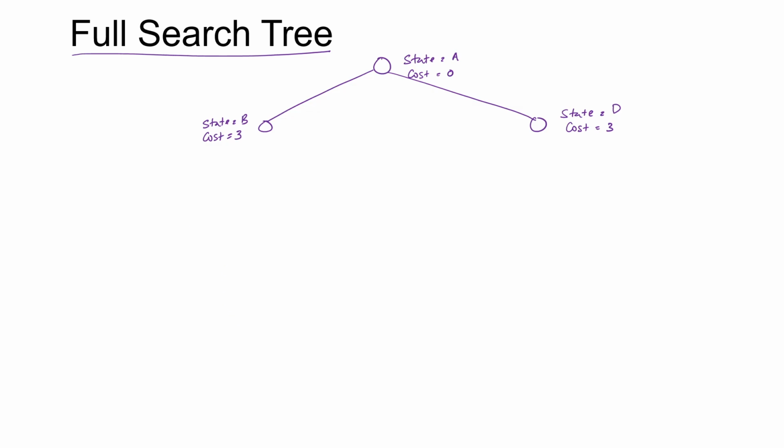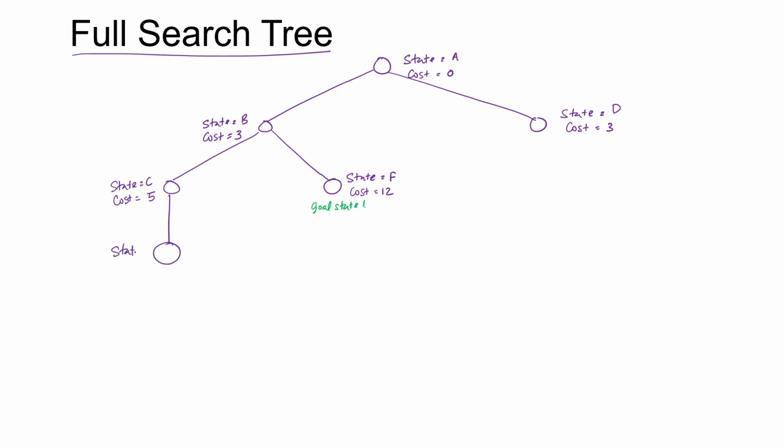Then below B we had 2, B had state equals C, the cost was equal to 5 and state equals F, cost is equal to 12, and this we label it as a goal state.